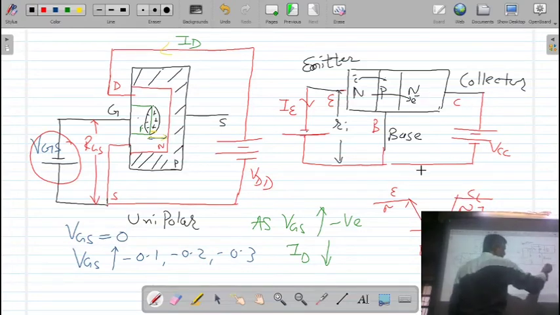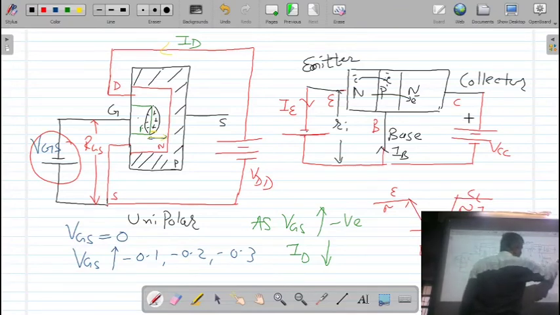You will get the collector current. Some of the electrons, only 5%, go through the base and you get a base current. 95% will go to the collector under the influence of this battery, and you will get your collector current, IC.